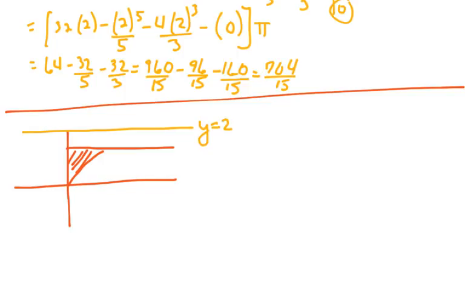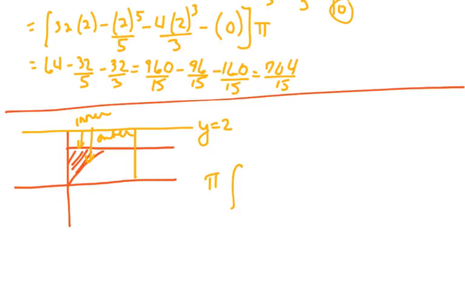In this case, you again would have to define your outer and your inner radii. But now, because the line of revolution is on top of the function, this is going to look a little bit different. This distance is 2. And here's your inner, and here's your outer.